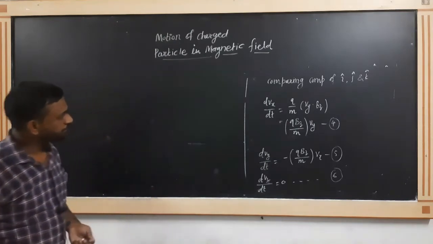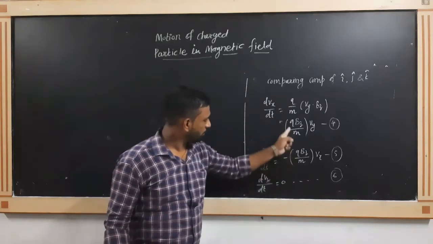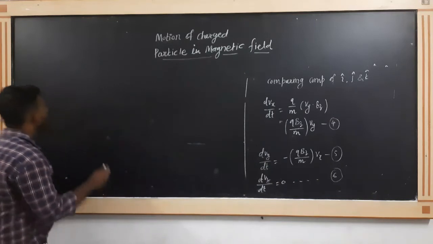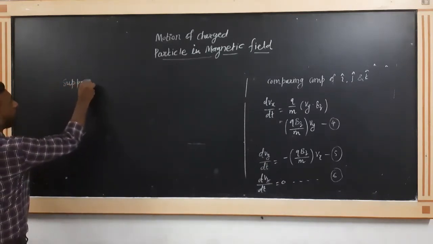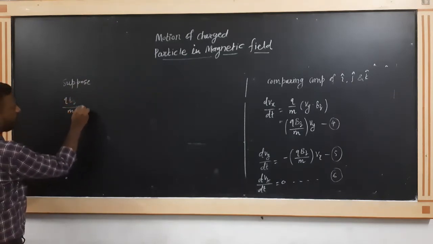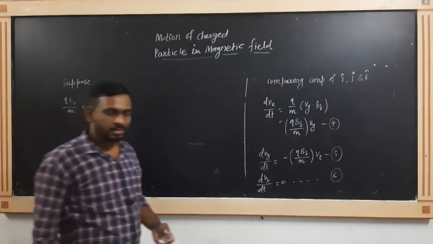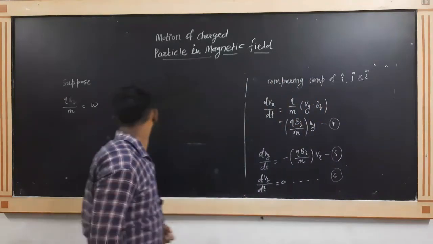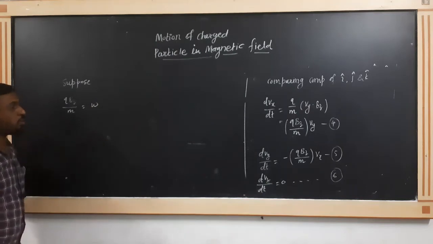Okay, so we have this common term qBz upon m in both the equations. Instead of qBz upon m, we put this omega, and by the way, this omega is the cyclotron frequency. We will discuss this later, and it is denoted by this constant omega.